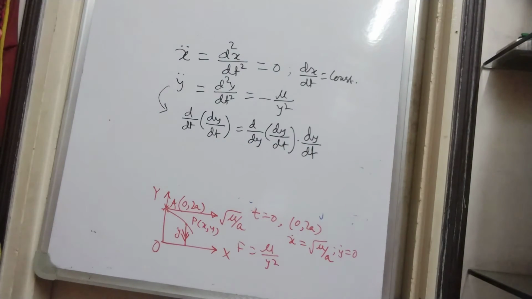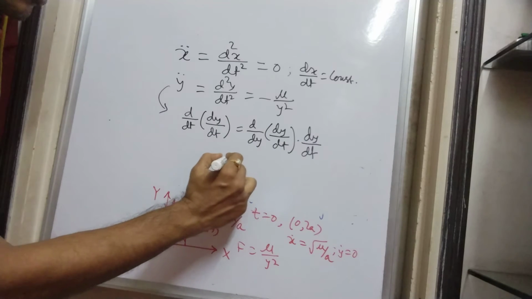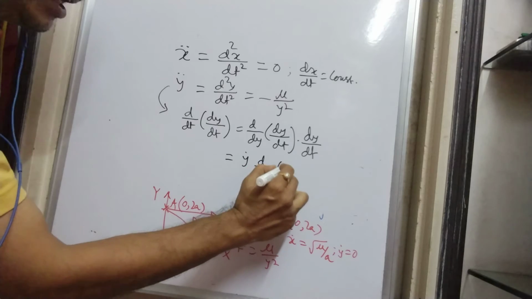This is the chain rule, simple chain rule. We replace this dt with dy, and so this is nothing but d/dy of y dot, isn't it so?